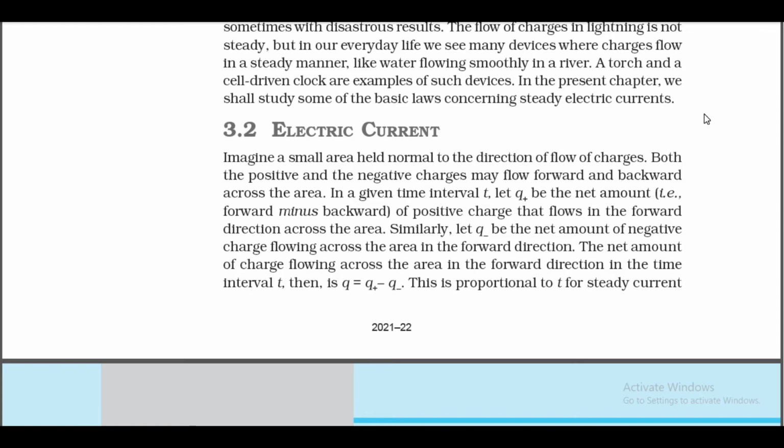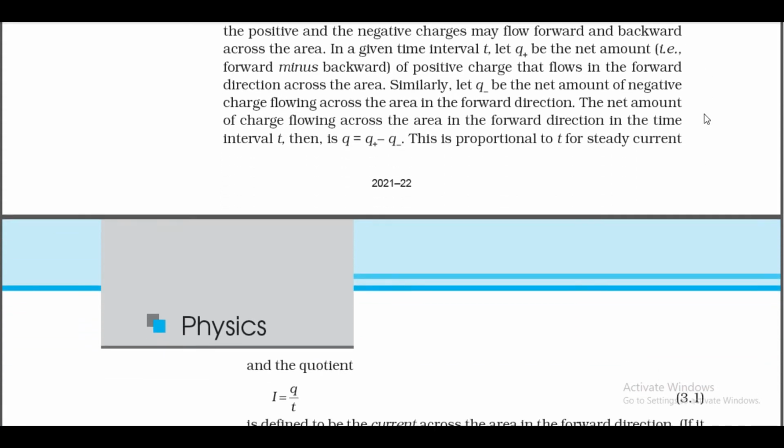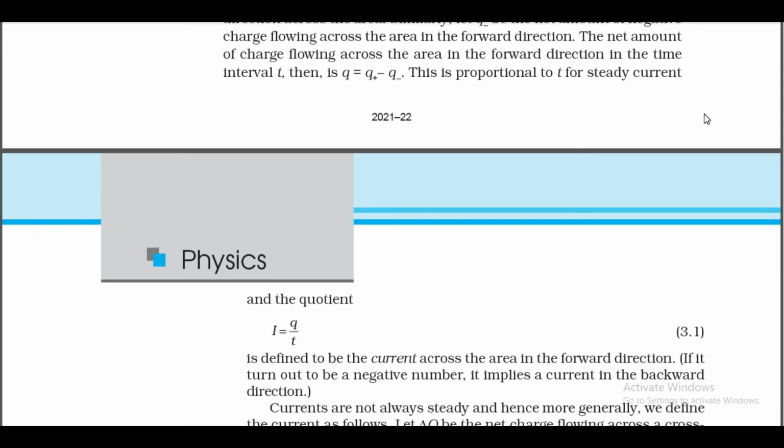Similarly, let q minus be the net amount of negative charge flowing across the area in the forward direction. The net amount of charge flowing across the area in the forward direction in the time interval t then is q equals q plus minus q minus.